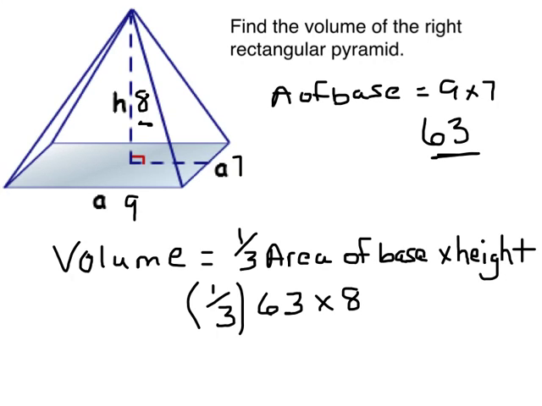When we multiply all of that out and then divide by 3, we're going to get 168 inches cubed. In this particular one, because we need 1/3 of 63, well, 63 divided by 3 is 21, and then 21 times 8 is 168, so a little easy to do in your head.